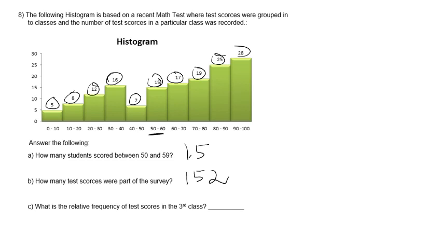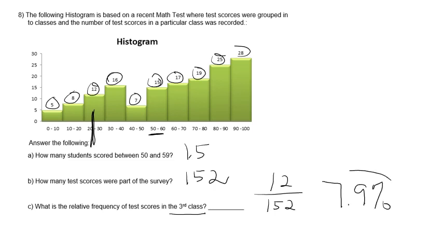What is the relative frequency of test scores in the third class? So we look at the third class right here. 1, 2, 3. The frequency is 12. The total number of data values is 152. When you divide 12 by 152, you should get about 7.9%.